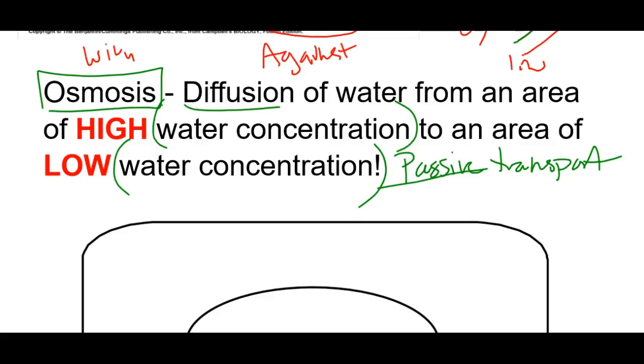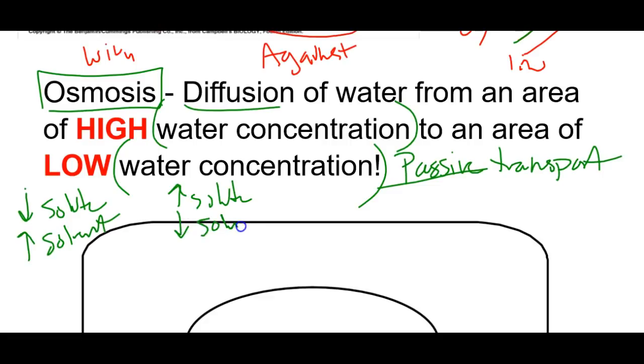Now we can do the opposite, and say osmosis is the diffusion of water from an area of low solute to an area of high solute, because if you have low solute, by default, you have a larger solvent, or water in this case. If you have a high solute, like salt, then you have a lower solvent, or water. So if we just throw the solute out, and say it goes from high water to low water, you will always be right.